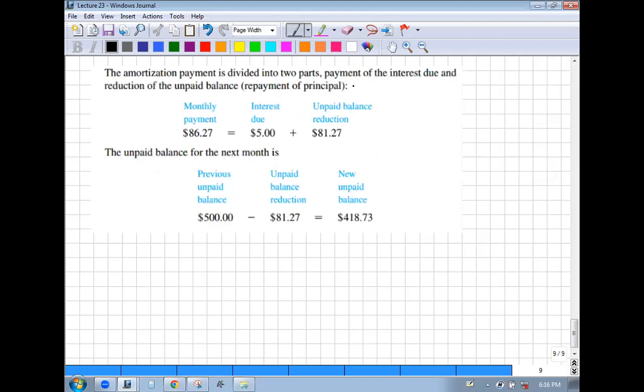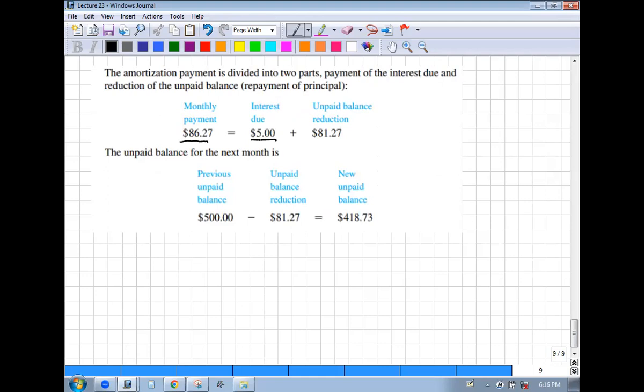So it's divided into two parts, payment of interest due and reduction of unpaid balance. Here's our monthly payment. So this is just for the first month though, right? Because on the second month, there's going to be a different amount of interest because there's going to be less money, right? That's been loaned out.